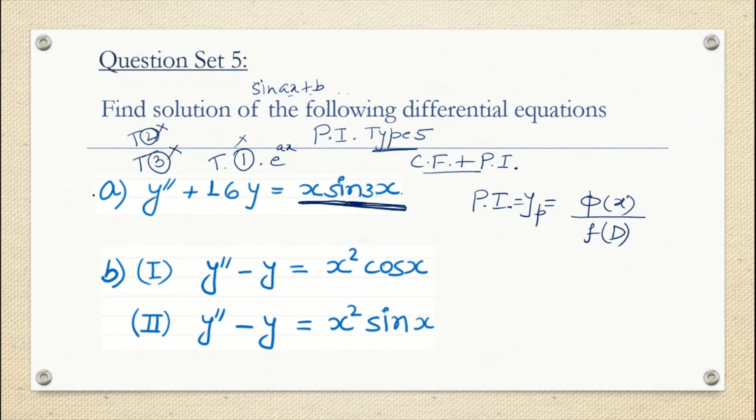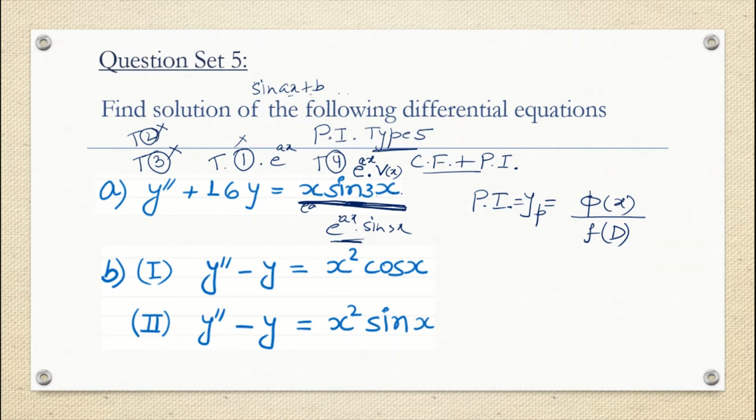Is it my type 4? In type 4, what we discussed in the last class is that it should contain e raised to x for sure, along with a multiplying factor which is some function in terms of x. If it was e raised to x and then sine 3x, yes, it was type 4.